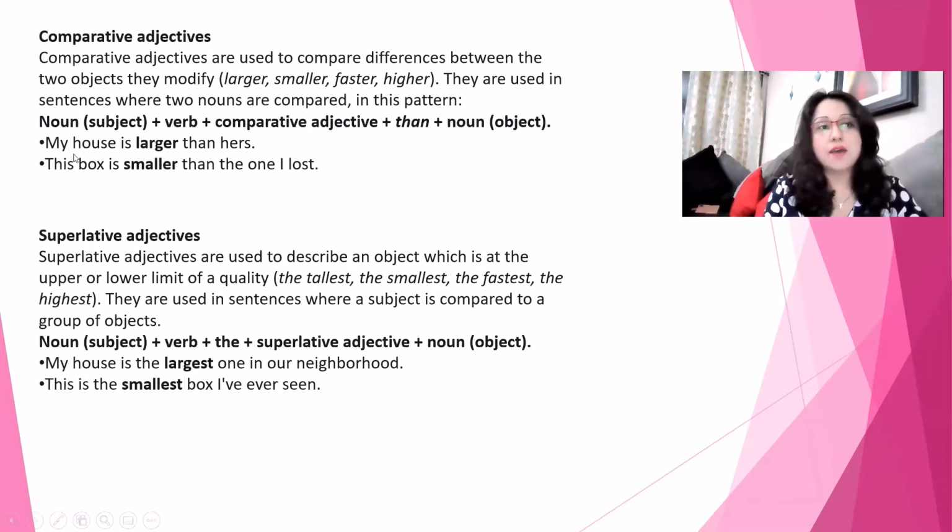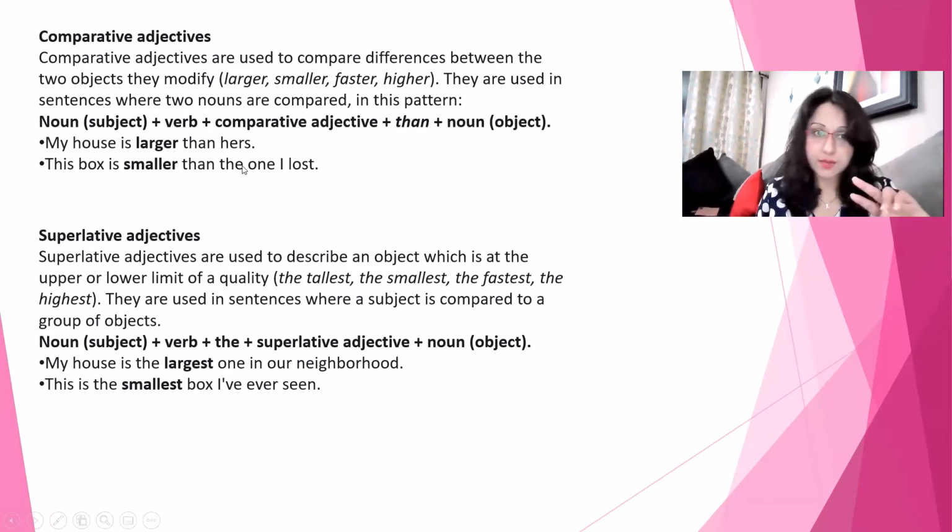Okay, so then you have your noun. Then you have your verb, and then we use our comparative adjective, which is your larger here. So the adjective is large and comparative larger, and then you use your than, T-H-A-N, and then of course noun, which is the object. So my house is larger than hers.